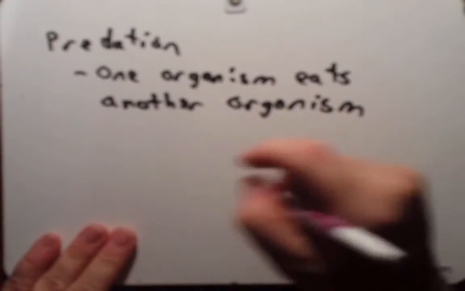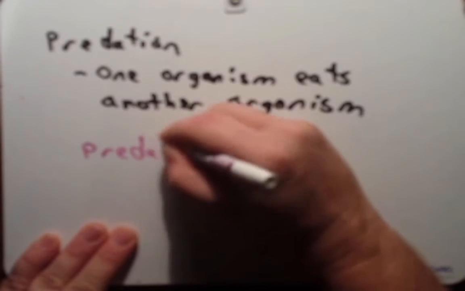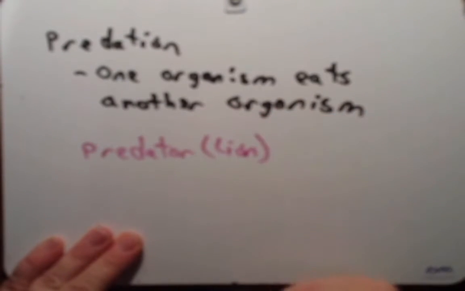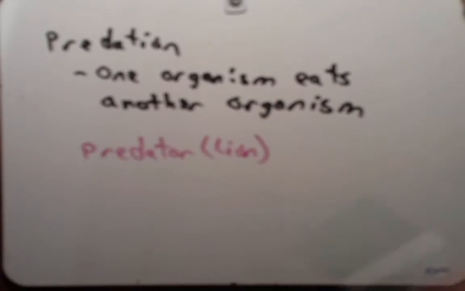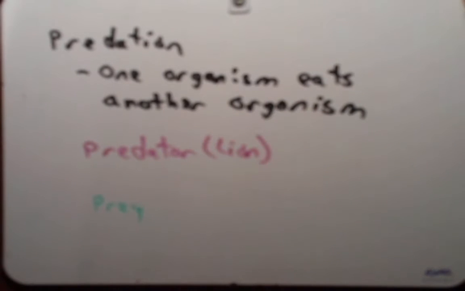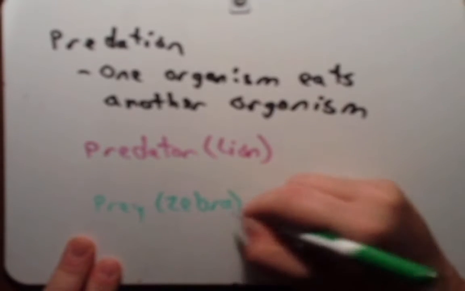So in this predation relationship here, you have a predator. This could be like a lion. And then you have prey. And an example of a prey might be the zebra we talked about earlier.